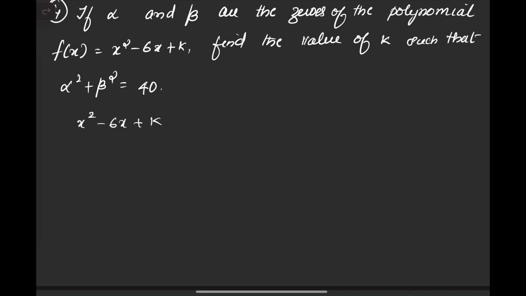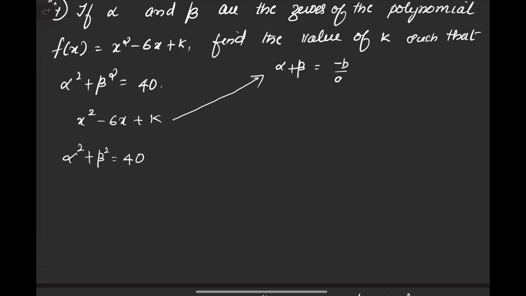We have that alpha square plus beta square is equal to 40. These are the things given. Let me find out what alpha plus beta is. Since alpha and beta are the zeros, alpha plus beta means the sum of zeros. What is the formula to find the sum of zeros?